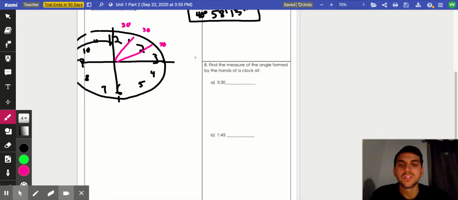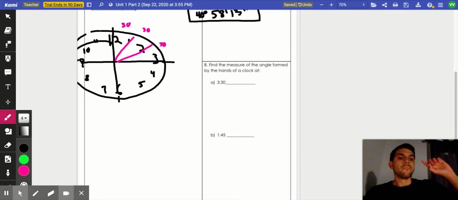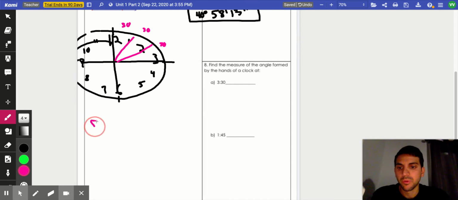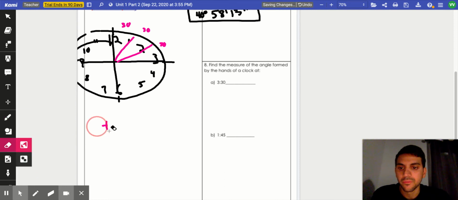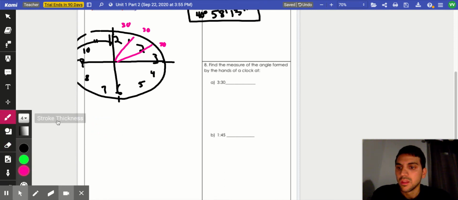So we can basically say, think of a normal clock. The small hand, so I'm going to put SH, which is the small hand, or the hour hand, right? I'm going to say the hour hand. And we'll say the minute hand, right? Just to differentiate.